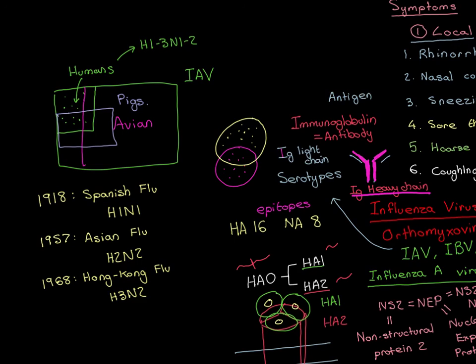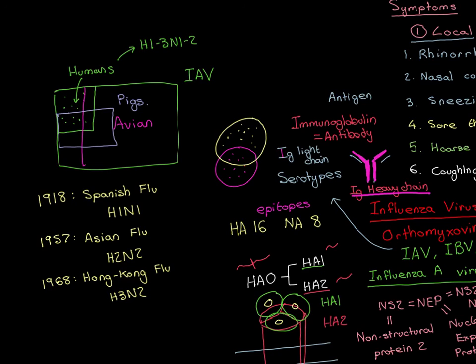We'll do this in more detail, but know at this point that there is a huge number of different strains of influenza A viruses. Not actually that many infect humans compared to the number that infect birds. A huge number infect birds and don't infect humans.